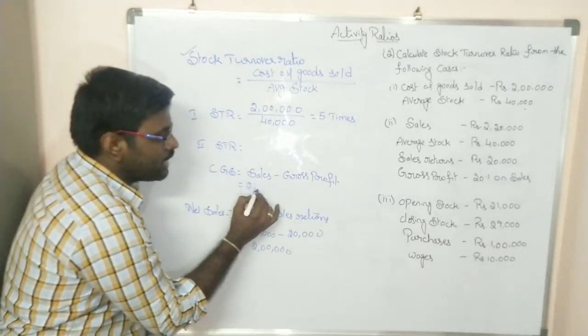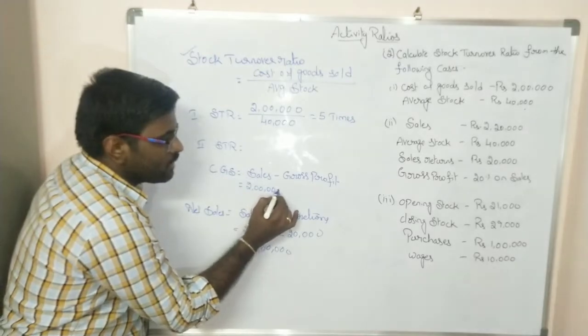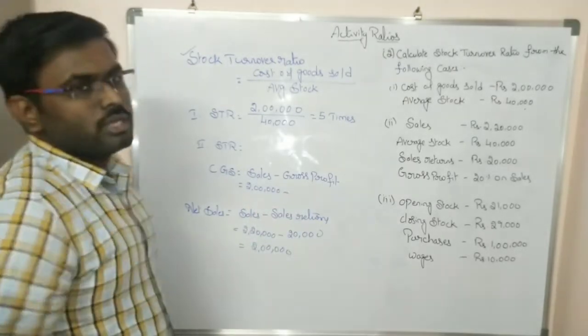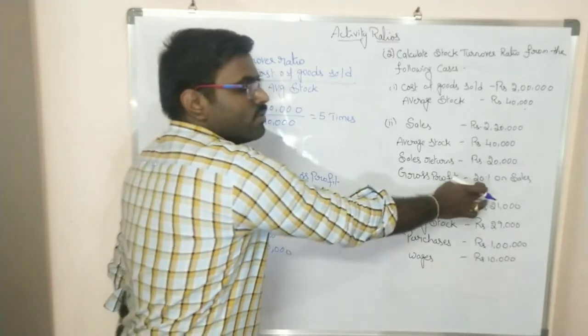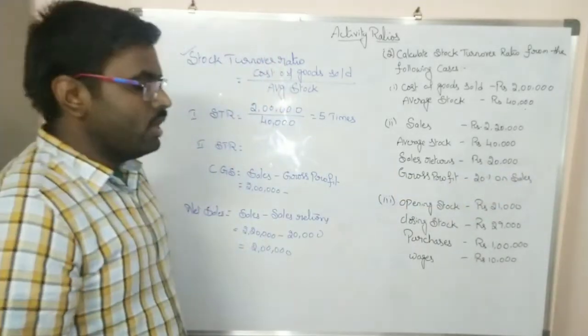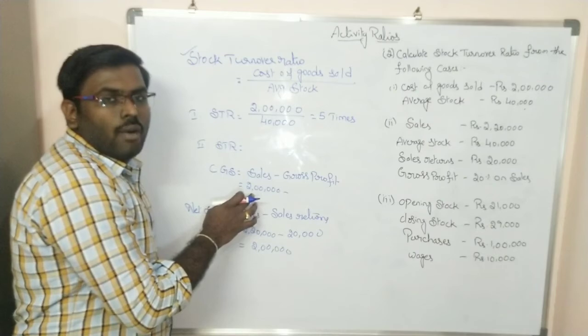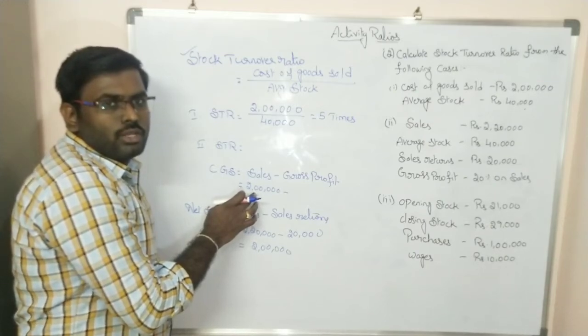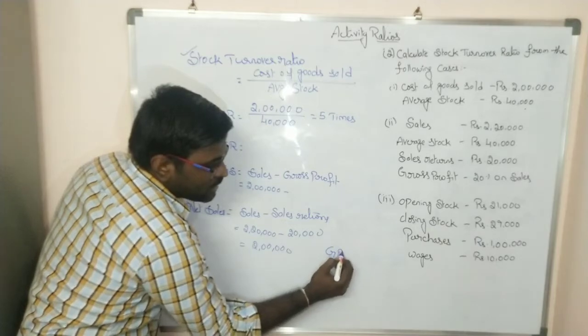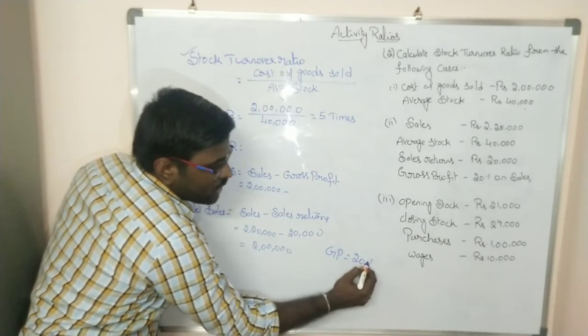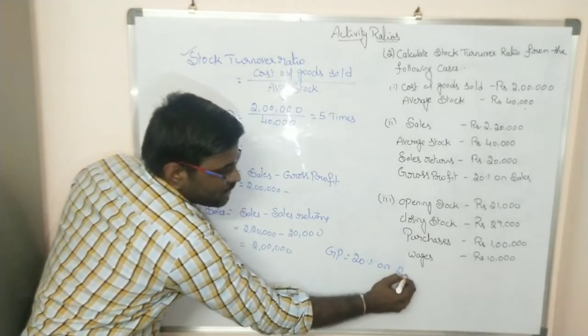Minus, you should also calculate the gross profit. So what is gross profit? They are giving 20% on sales. Whatever the sales you got, 20% of that sales amount you should calculate. So gross profit is equal to 20% on 2 lakhs.